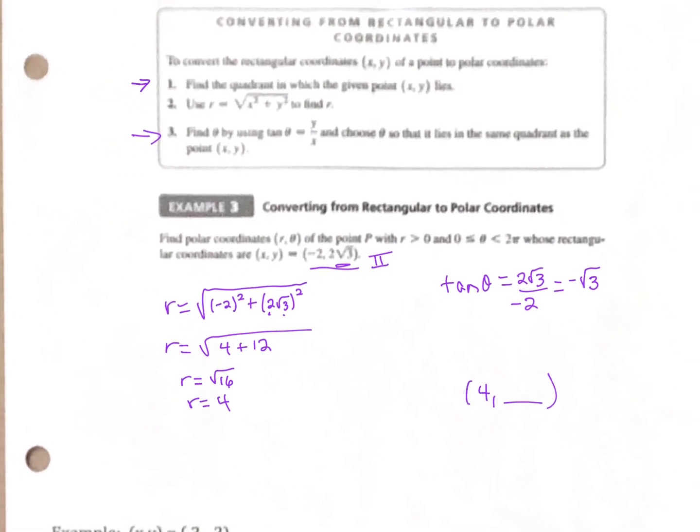And so then we want to think about, in quadrant 2, at what degree measure is the tangent value equal to negative root 3? Where in quadrant 2 is the tangent value, which is y over x, equal to negative square root of 3? 2 pi over 3, there you go. So theta is 2 pi over 3, and that gives us our second coordinate, our angle measure.